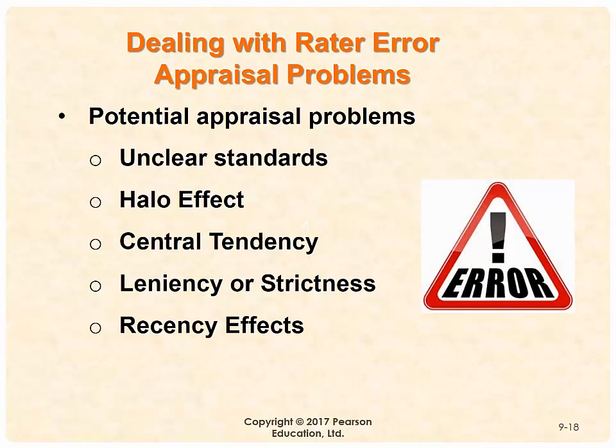These problems could result from different reasons. One of the problems that you are facing is called unclear standards. Number 2, halo effects. Number 3, central tendency. Number 4, leniency or strictness. Number 5, recency effects.